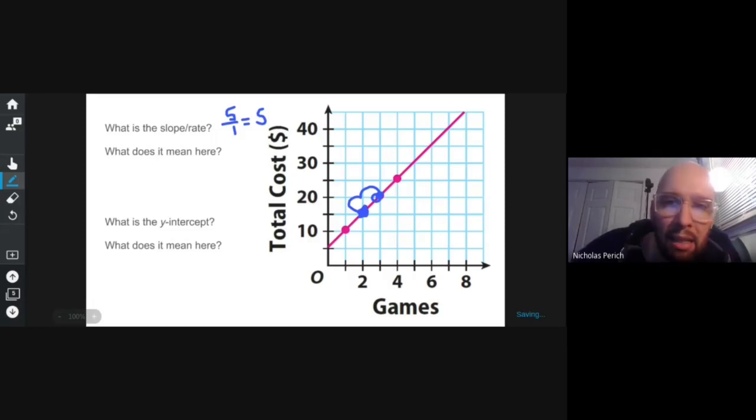Rate means y-axis per x-axis. So what does it mean? You spend, I spend, you spend, he or she spends $5 per game.